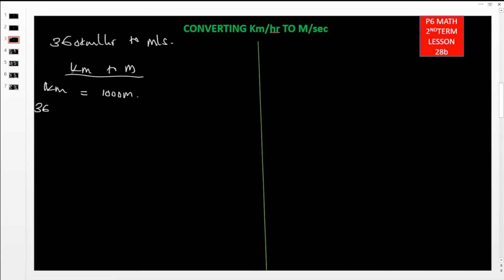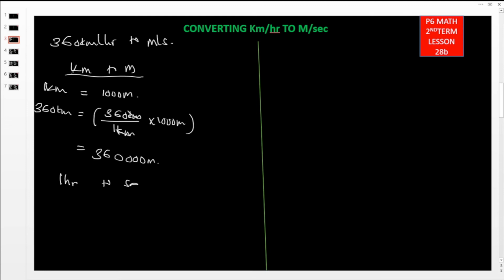How about 360 kilometers? This is 360 kilometers out of 1 kilometer times 1000 meters, right? Then kilometer with kilometer. We get 360,000 meters here.